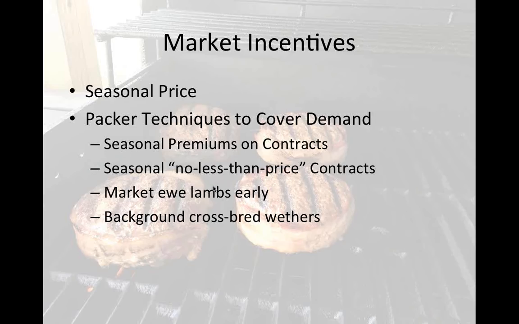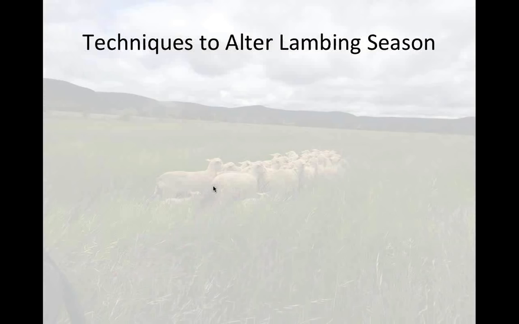They put condition on later in life so they can background them, hold them, stretch out that market and still have a fairly decent quality product at the end of the day. And the only issue with those two is those carcasses are going to have some variability. Those crossbred wethers may be the 95 plus pound carcasses that may not be overly fat, and those ewe lambs may be in that 65 to 75 or the 55 to 65 pound carcass range with a little bit more condition, even at those lighter weights.